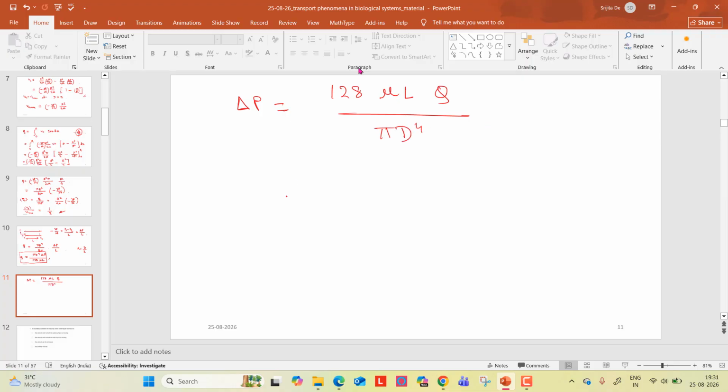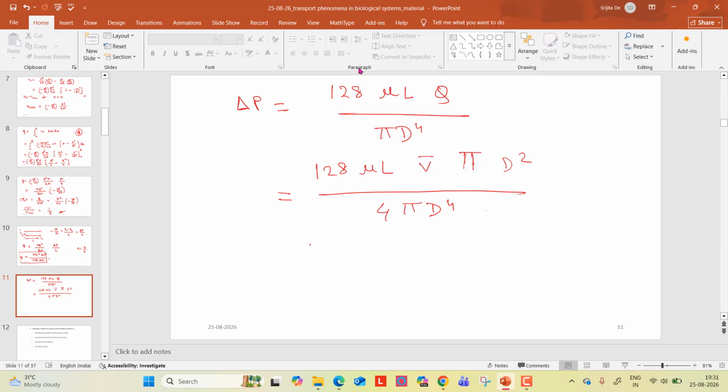Okay, so also we can write Q as 128 mu L. Q is nothing but your average velocity V, suppose, into your area. So it is pi by 4 into d square, right? So pi d square by 4 pi d to the power 4, right?